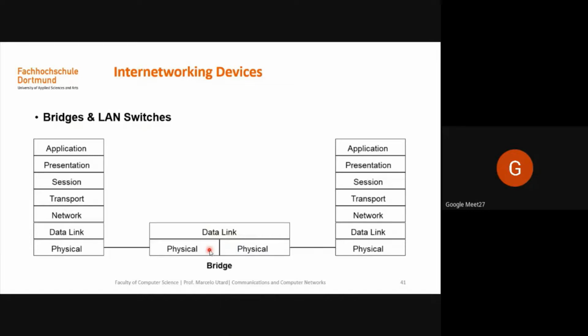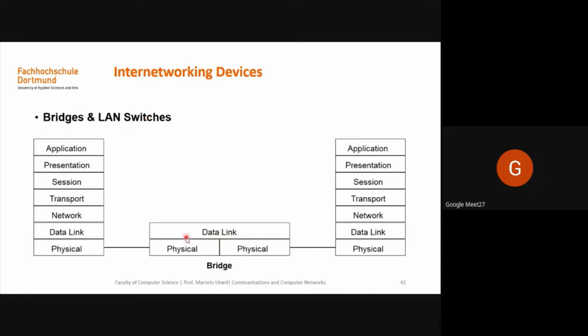But in fact, the bridging functionality is used within LAN switches. A LAN switch is some kind of multi-port bridge. Perhaps the difference is that the old bridges worked across different interfaces, while today LAN switches work across only LAN technologies, for instance, Ethernet switches.